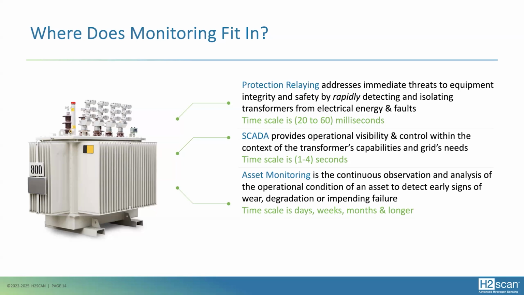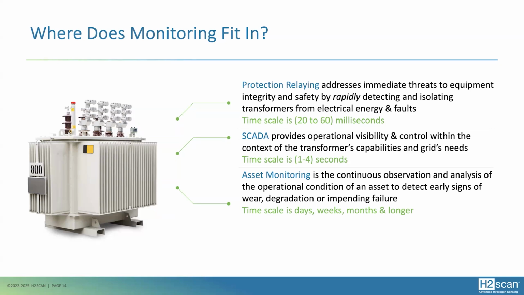Asset monitoring is what we're talking about today. By my definition, it's the continuous observation and analysis of the operational condition of the asset, the transformer in our case, to detect early signs of wear, of degradation and impending failure. And the time scales for monitoring are days, weeks, months, even longer. We're not in the second realm. We're not in the millisecond realm.